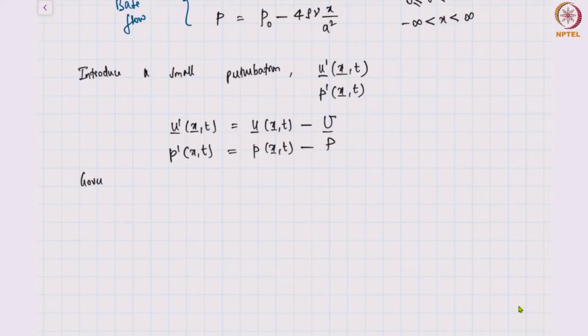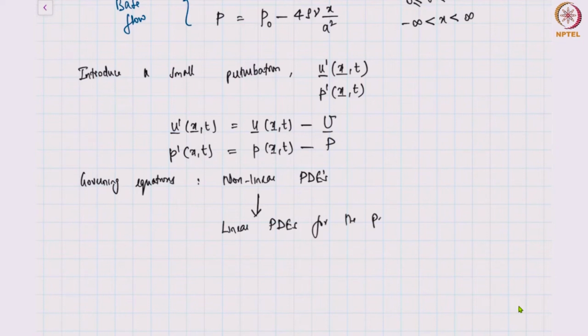Original governing equations. The Navier-Stokes equations are non-linear partial differential equations. Now we introduce these perturbations and then we get linear PDEs for the perturbations.